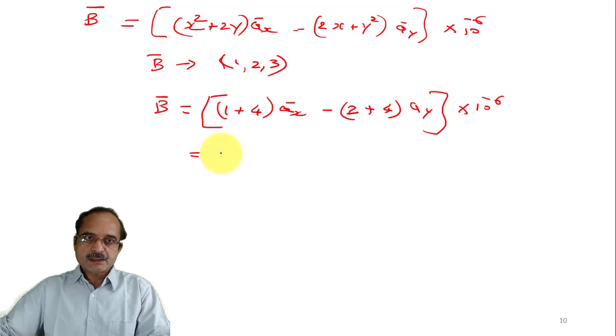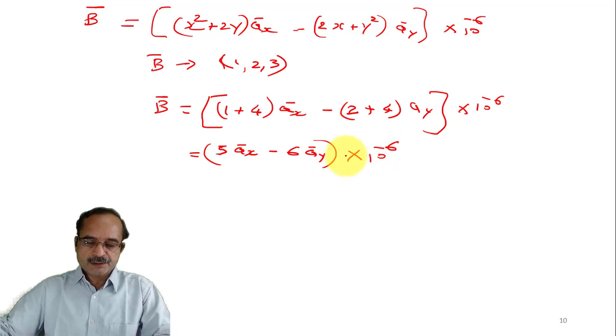Solving this, this is 4 ax minus 2 ay into 10 raised to minus 6.